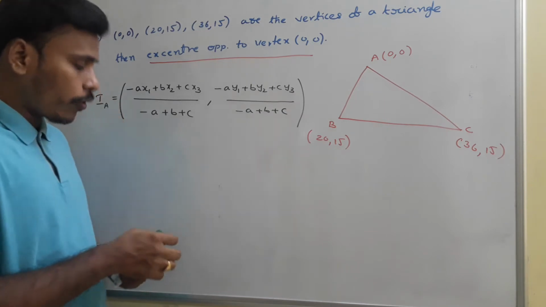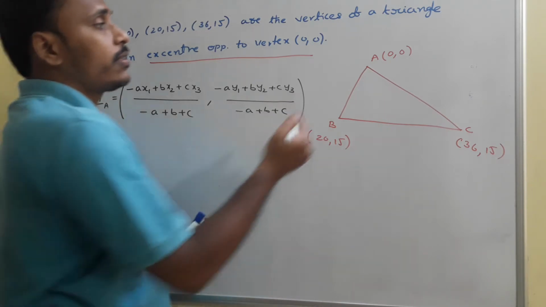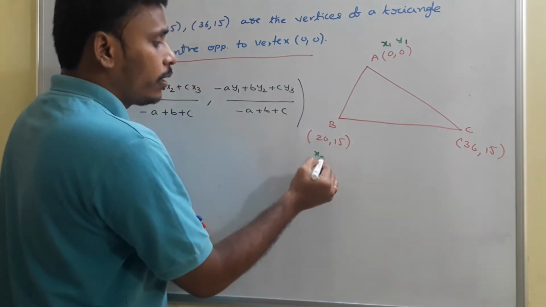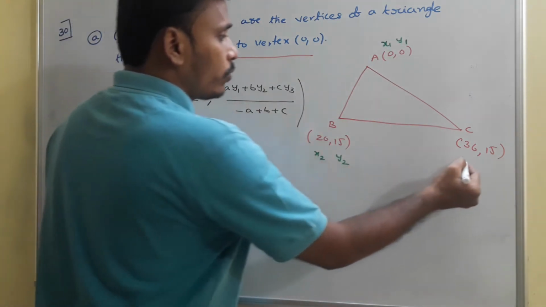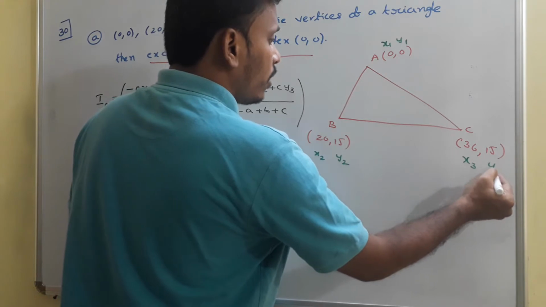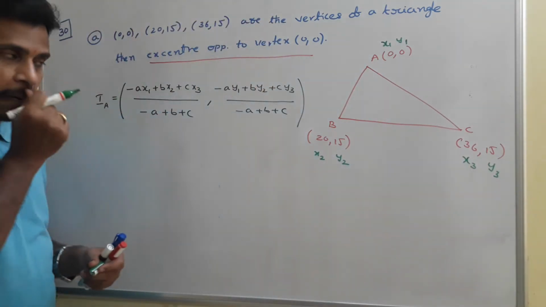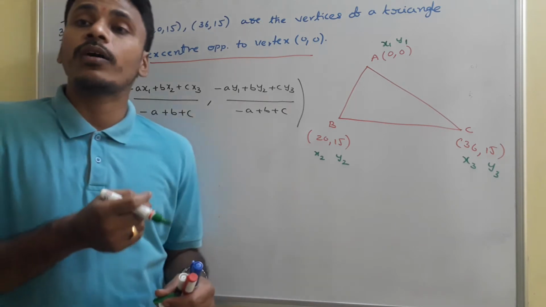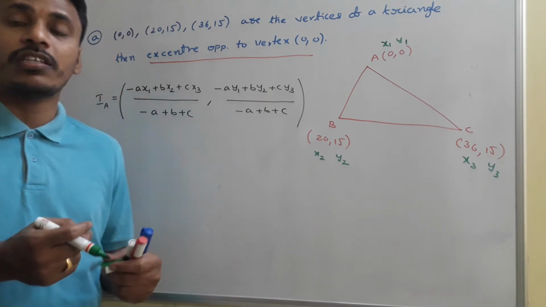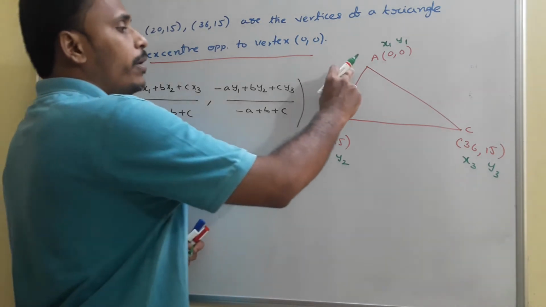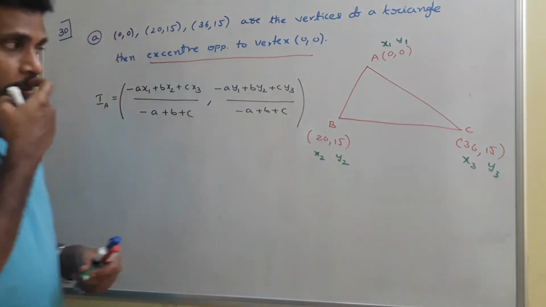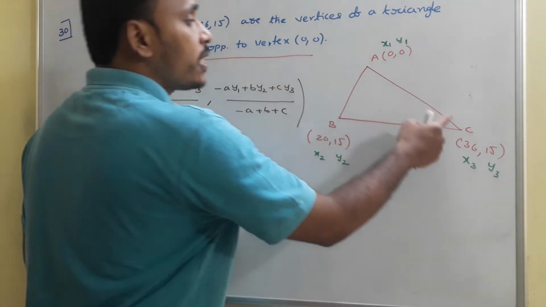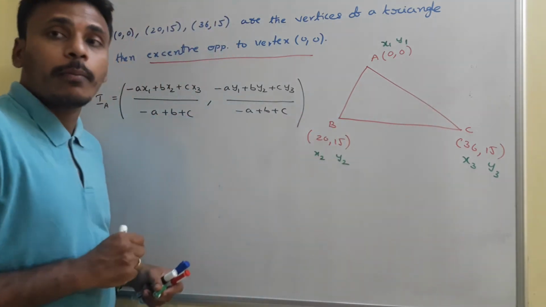First of all, identify A as (x1, y1), B as (x2, y2), C as (x3, y3), and then calculate small a, small b, small c, which are the lengths of the sides. Find the AB distance, mark it as small c. Find the BC distance, mark it as small a, and find the AC distance, mark it as small b.